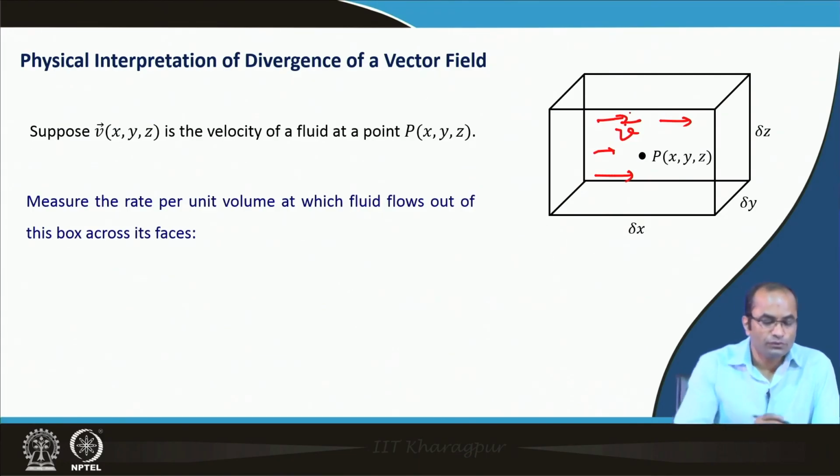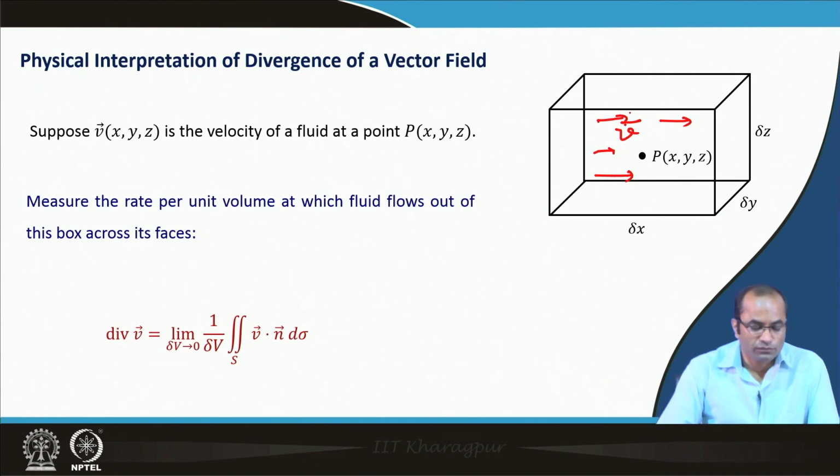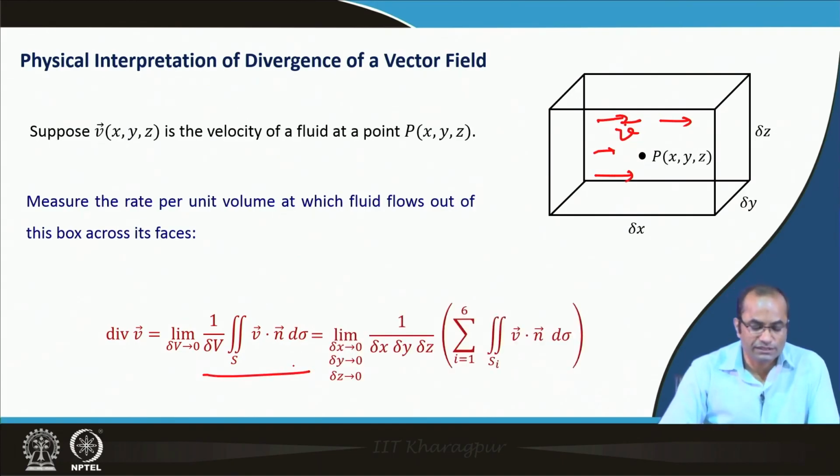If you want to measure the rate per unit volume at which this fluid flows out of this box, then we need to compute precisely that surface integral which was defined in the definition, and we have considered a simple geometry here, the box around this point P. So, the evaluation of this surface integral will be much easier. The surfaces here are these planes.